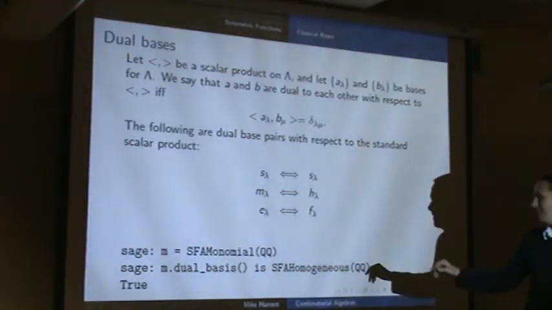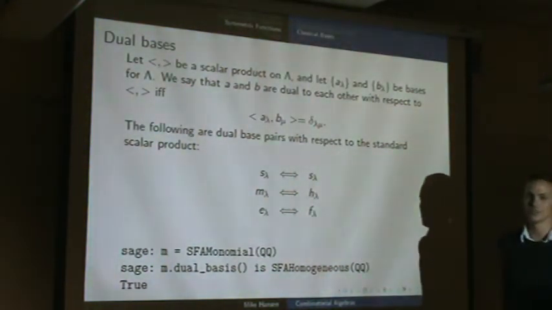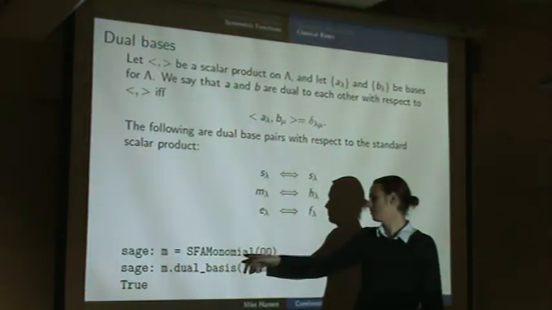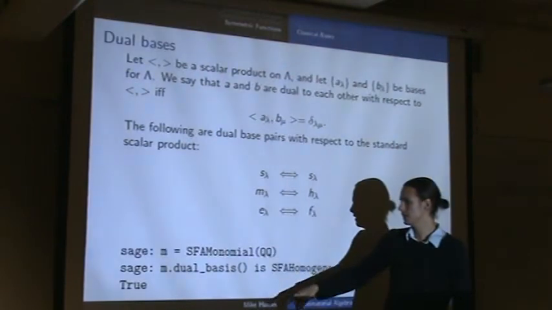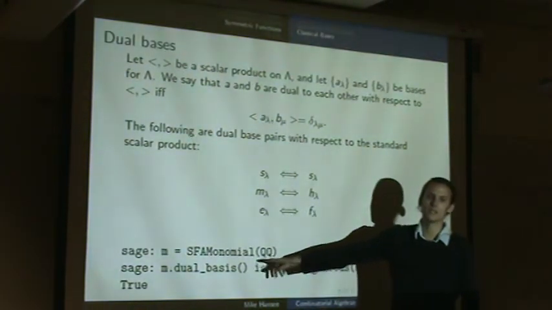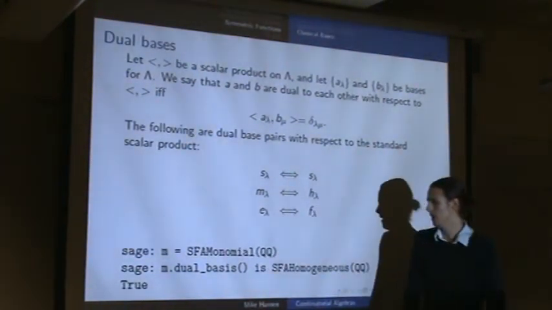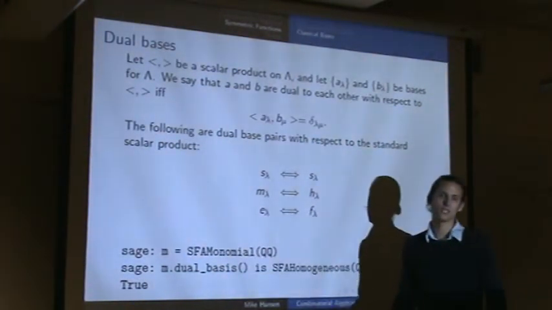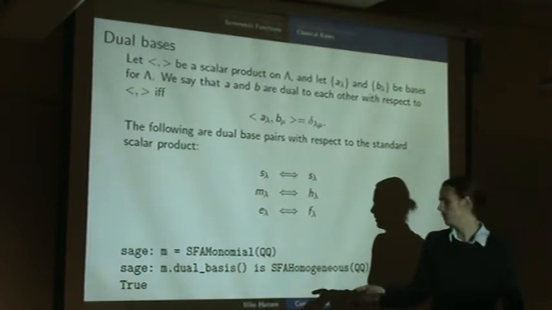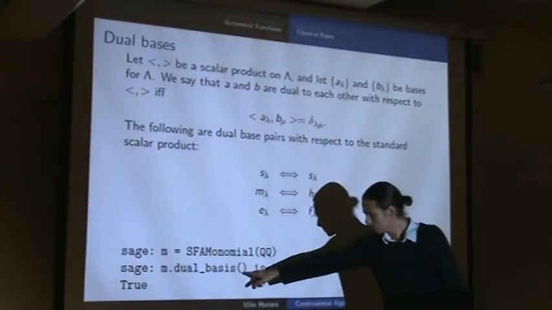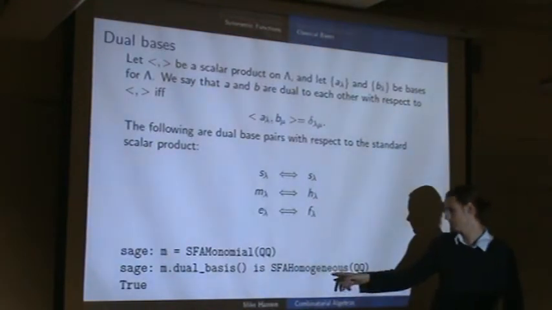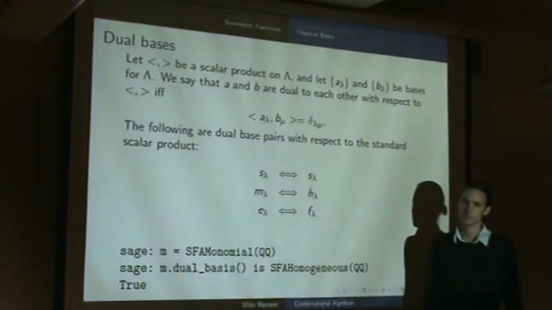But it turns out that they're the ones that are dual to the elementaries. So if I have, say, the monomial symmetric functions in Sage, and I call dual basis, and you don't put a scalar product in here, then it just defaults to the standard one. So the dual basis of the monomials is the homogeneous symmetric functions.